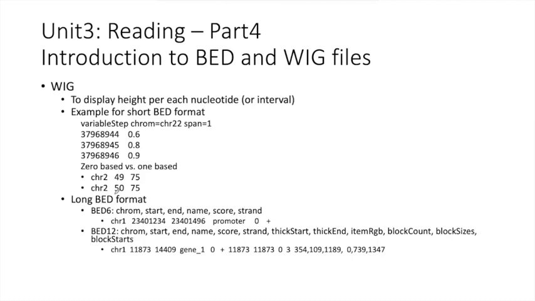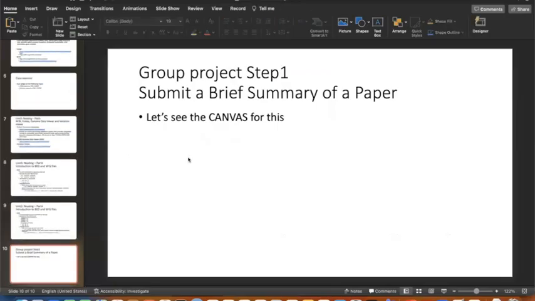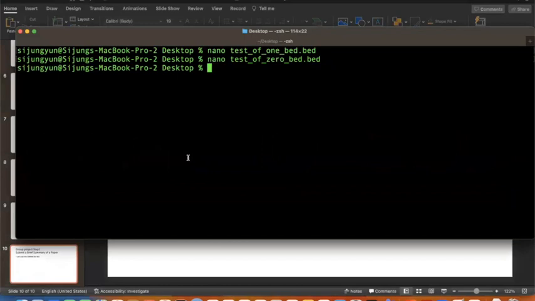And let me show you how to compress it. It's pretty easy in the command line. You can compress anything. gzip test1.bed, ls minus.